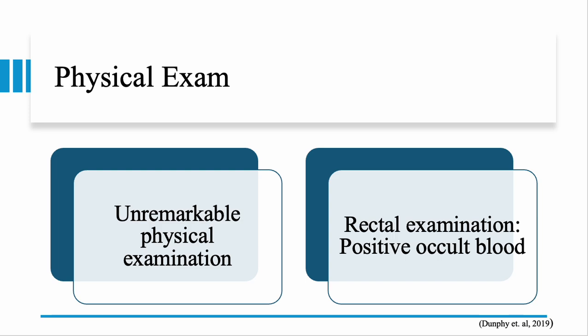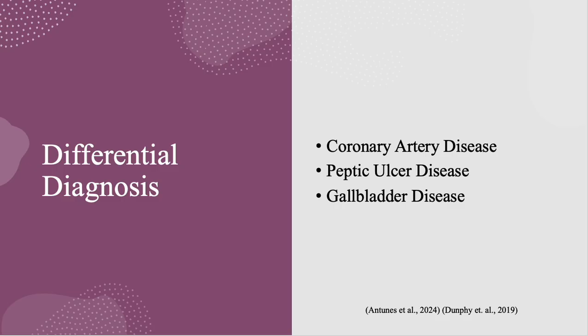The only physical sign that the provider may see is a positive occult blood upon rectal examination, and that's just from the microhemorrhages in the esophagus. But otherwise, in an otherwise healthy individual, the exam is within normal limits. Nothing too exciting on physical exam.